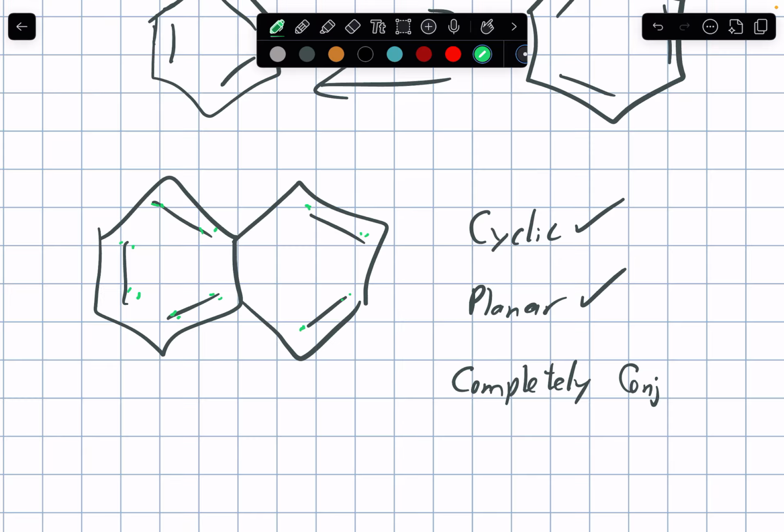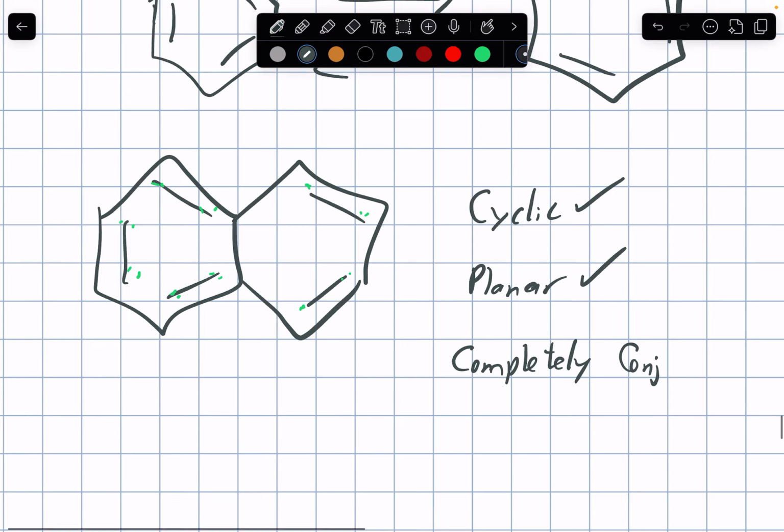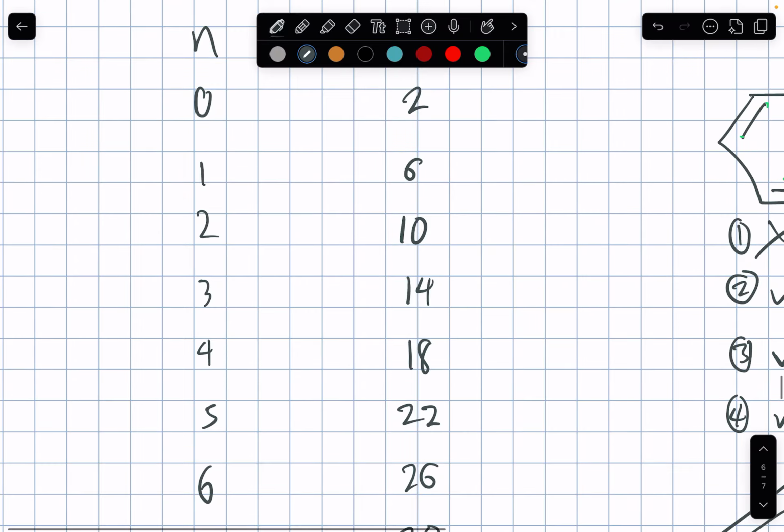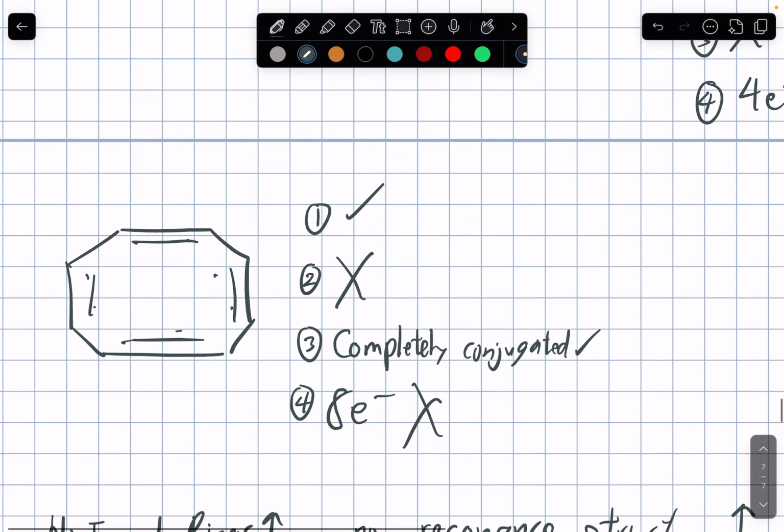So there's already something wrong in the previous video. I clarified that this kind of compound isn't aromatic. It actually, in fact, is. I just drew it the wrong way. Okay, so it is completely conjugated and 1, 2, 3, 4, 5, 6, 7, 8, 9, 10. 10 electrons. It does follow Huckel's rule.